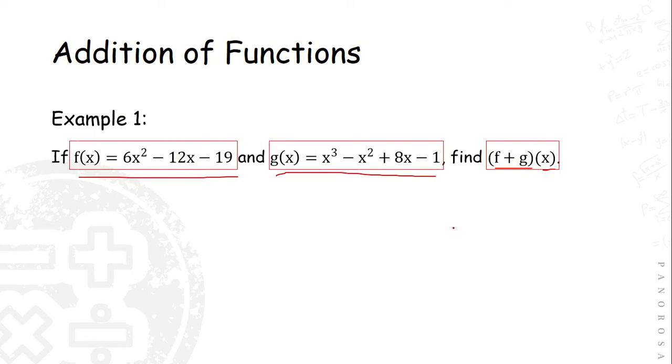In this given problem, we will just add the functions denoted by f of x, which is 6x to the second power minus 12x minus 19, and the functions denoted by g of x, which is x cubed minus x squared plus 8x minus 1.